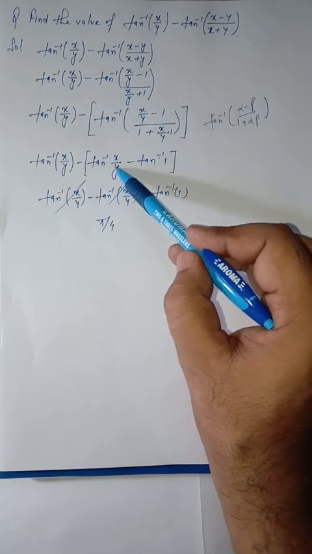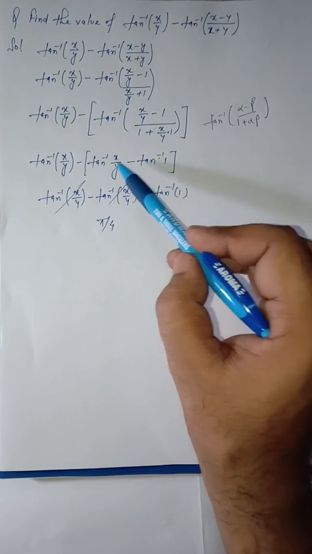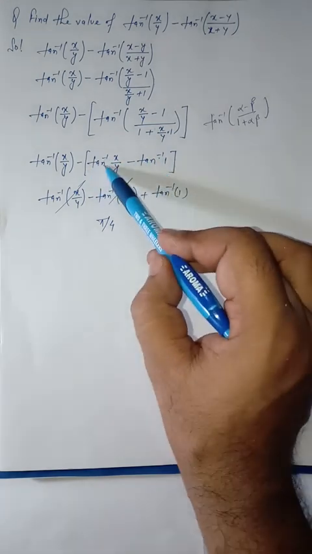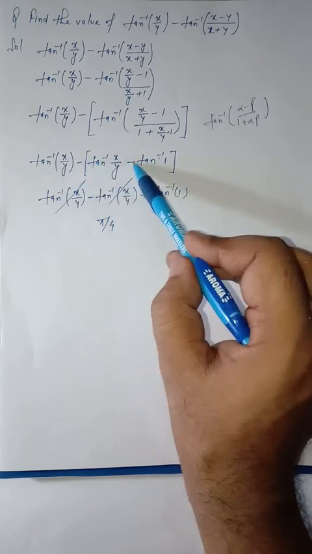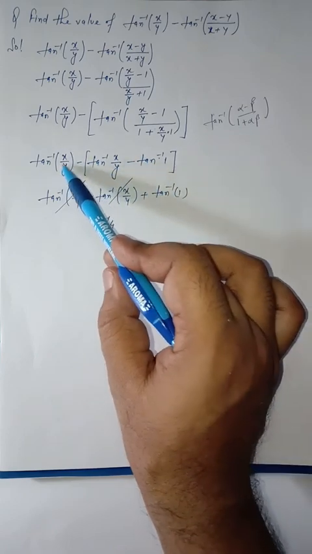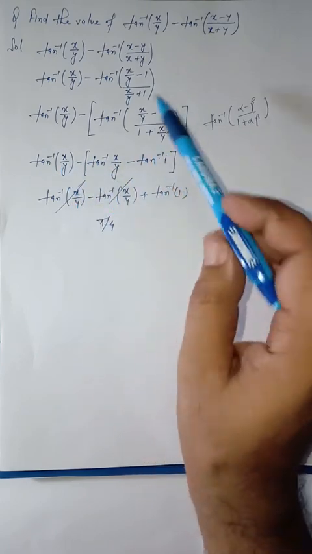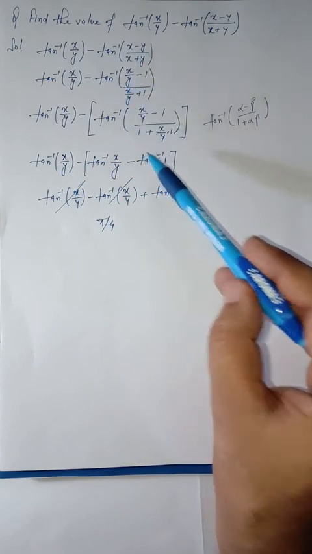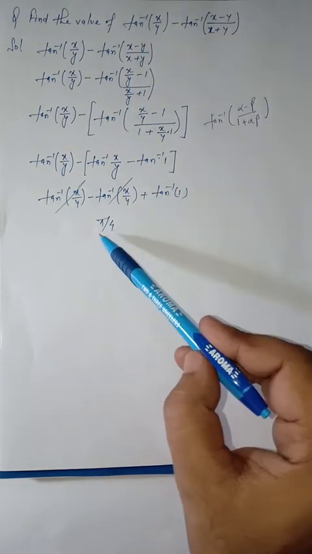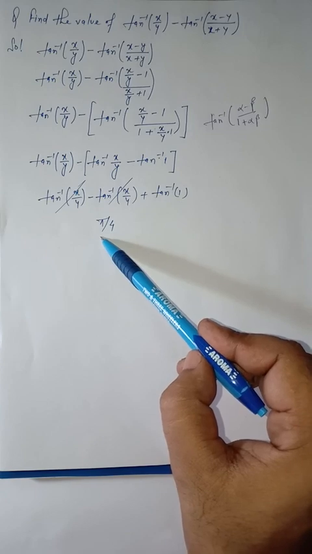Now open this bracket, so this becomes minus, and minus minus becomes plus. Now see, this cancels. That's the reason I have divided by y. So this is tan inverse 1, and tan inverse 1 is pi by 4.